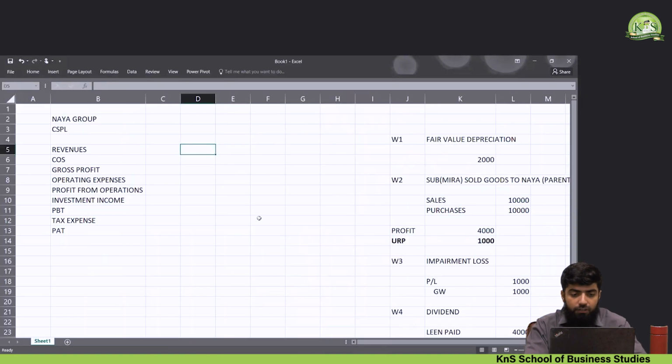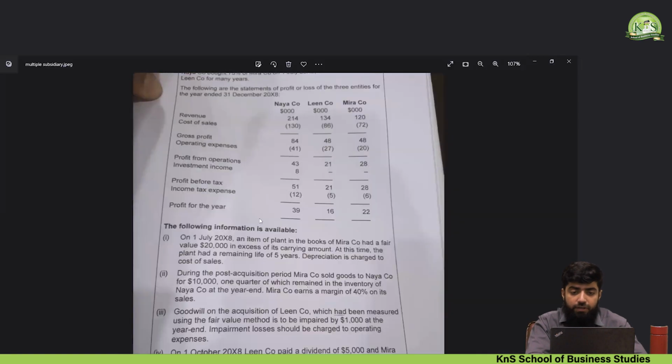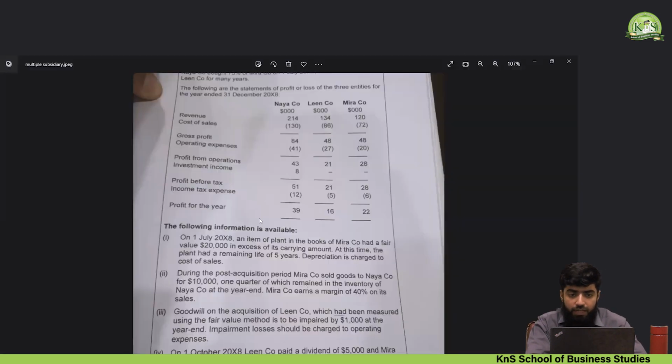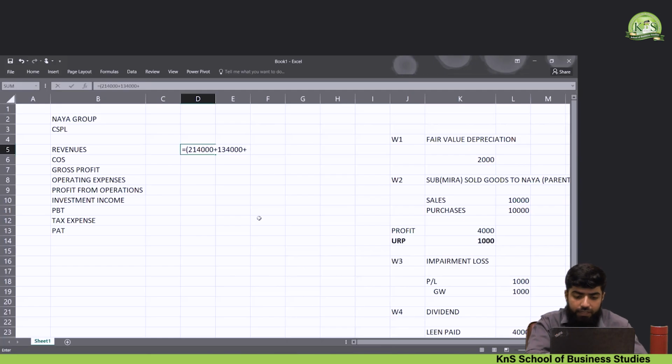Okay, now revenues are 2,14,000, the revenue of a parent company, plus subsidiary company, that is 1,34,000 of Lean company, and plus in addition to that 1,20,000, but that 1,20,000 will be prorated, so we are having a bracket open, 1,20,000 multiplied by 6 and divided by 12, bracket close. Are you getting my point? So we have prorated the revenue of Mira subsidiary company.